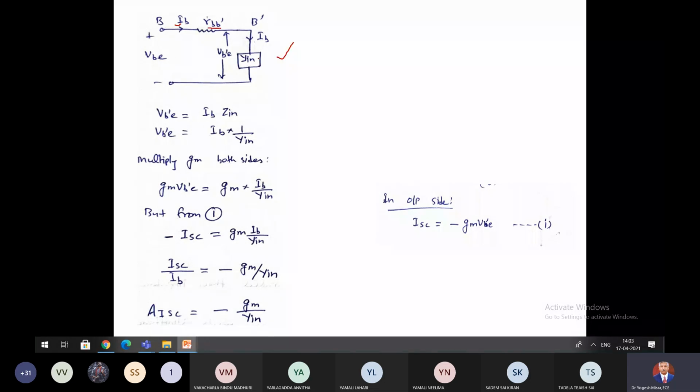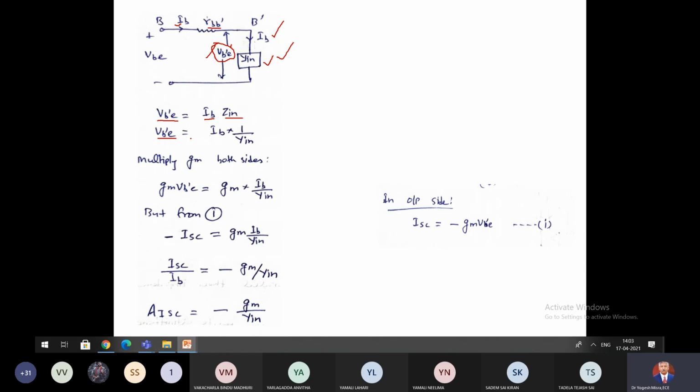This is RBB', this is admittance. And across this admittance, you are having a voltage VB'E. This current IB is flowing through Yin. So VB'E is IB multiplied by Zin. This voltage is the voltage across this admittance.